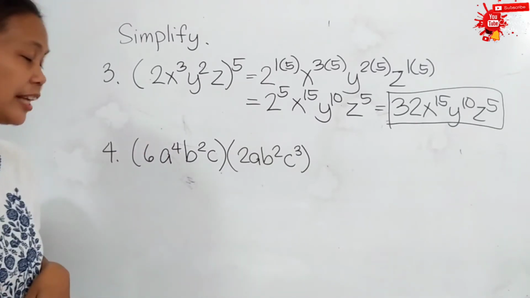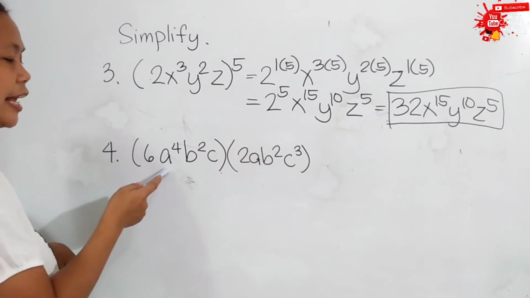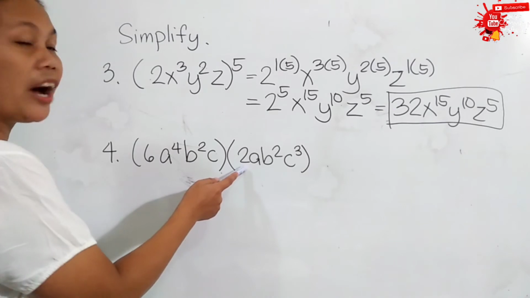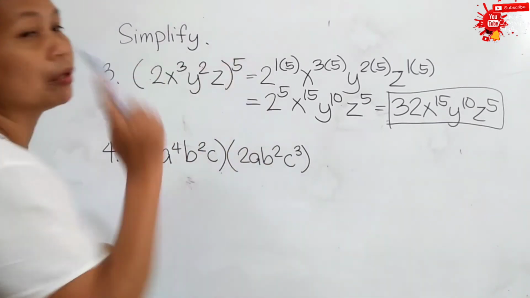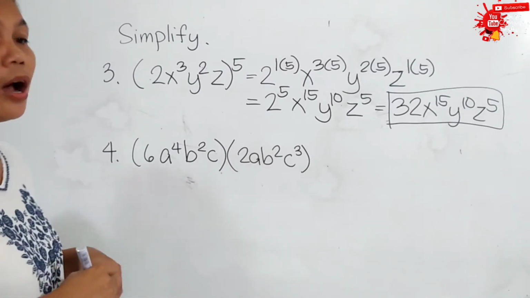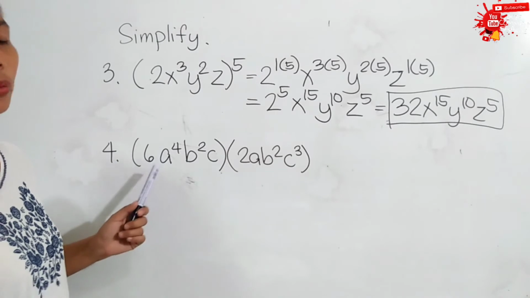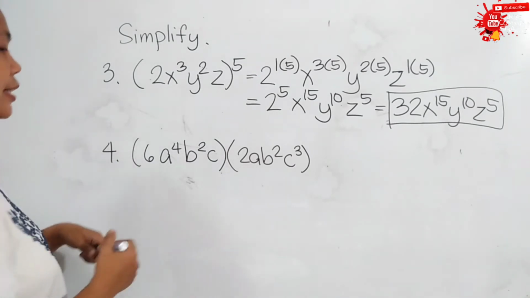Now let's proceed to example number 4. So we have here the quantity of 6a to the 4th b squared c times the quantity of 2ab squared c cubed. So we will use the product law of exponent.